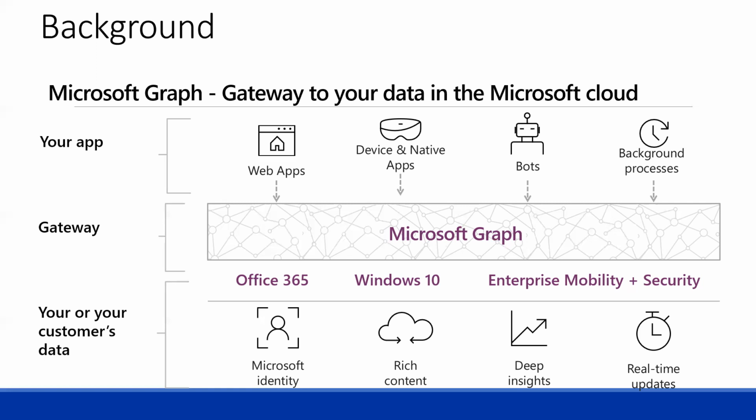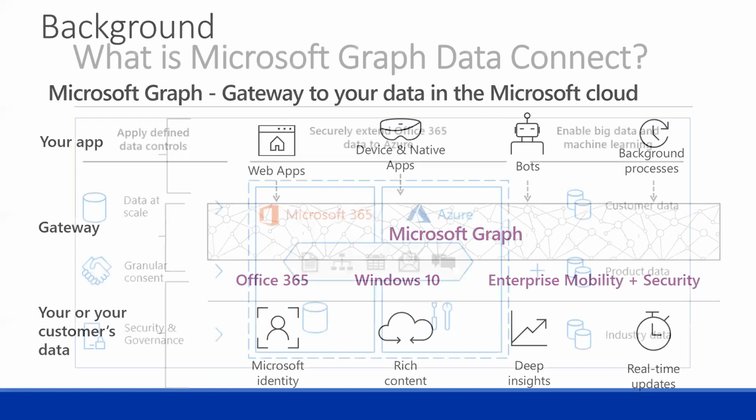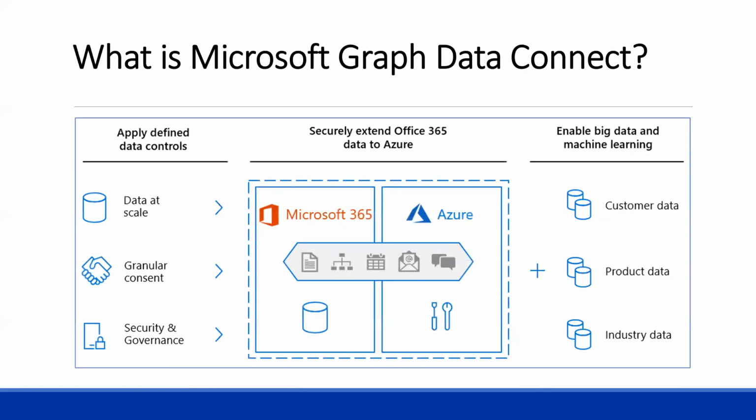So considering this, if you want to extract that information and generate insights, what is the option we have? To address this business case, we have Microsoft Graph Data Connect. If we go by the definition, what is Microsoft Graph Data Connect? It is a secure, high throughput connector designed to copy select Microsoft 365 productivity datasets into an Azure tenant.